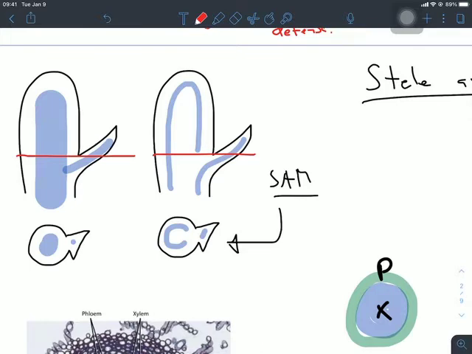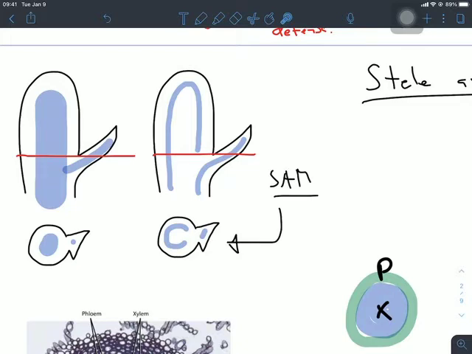If the vascular column is complete, meaning there's no pith, we will see xylem all inside the tissue. If there is a pith, and instead the vascular column makes a ring around the structure, we will see a ring and a gap for the leaf, because the vascular column peeled off in our leaf trace.